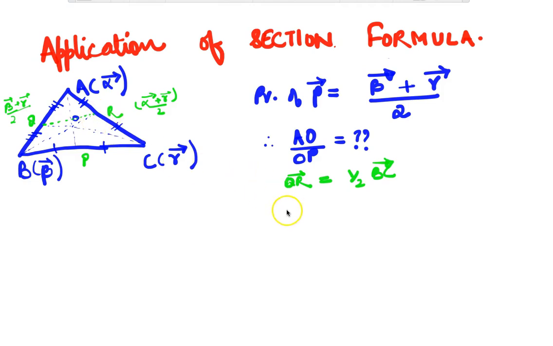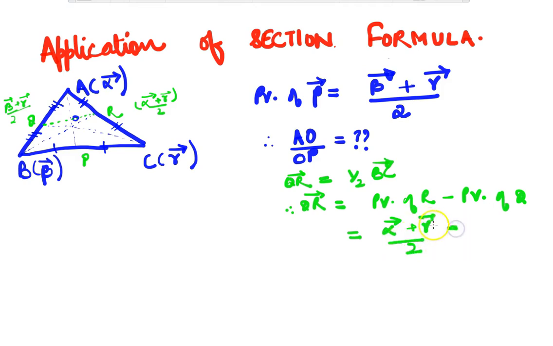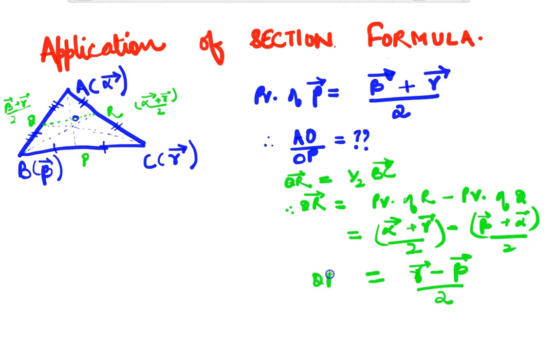So QR vector is equal to the position vector of R minus the position vector of Q, which is alpha plus gamma by 2 minus beta plus alpha by 2, which is gamma vector minus beta vector by 2, which is nothing but half of the BC vector.